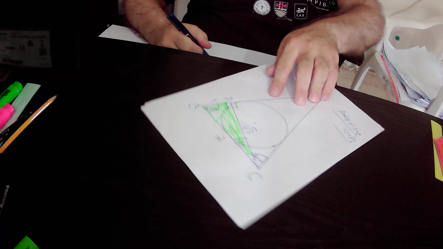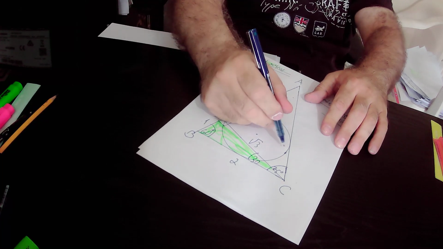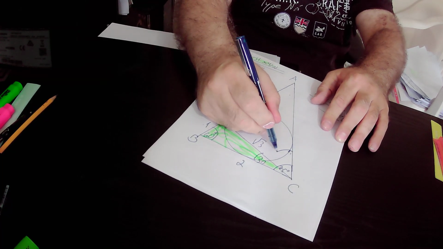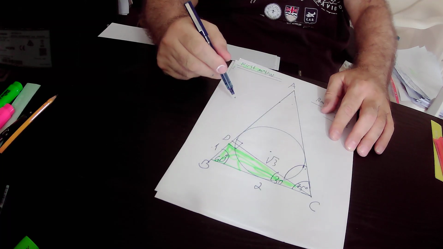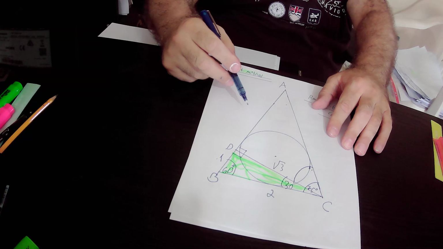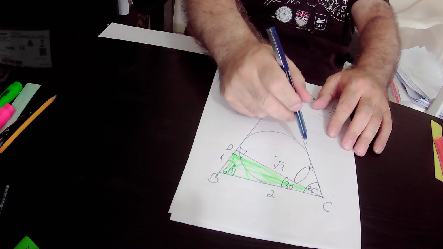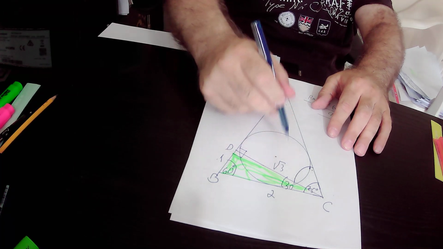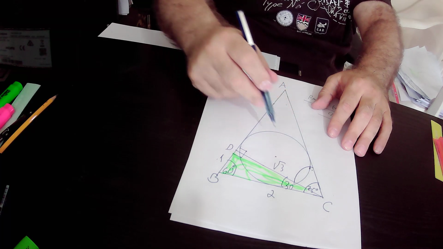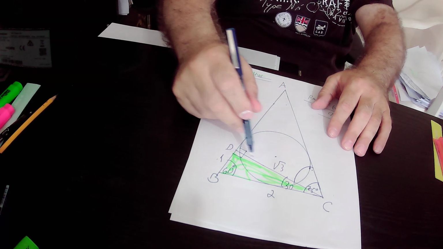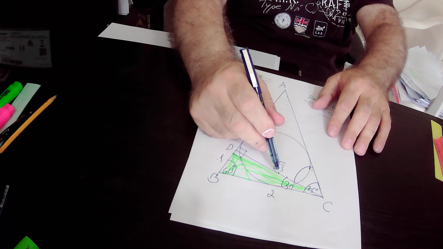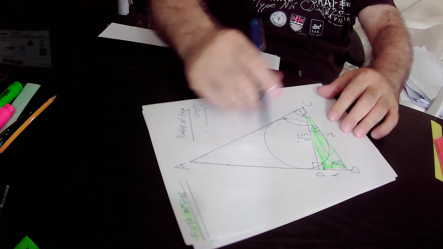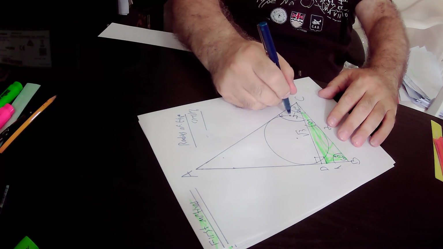In the next step, we find out the size of angle ACD. Angle ACD equals the big angle ACB, which is 75 degrees, minus the small angle DCB, which is 30 degrees. So 75 degrees minus 30 degrees is equal to 45 degrees.